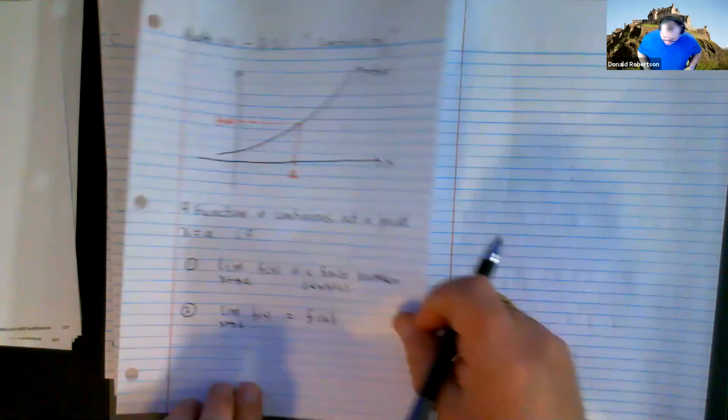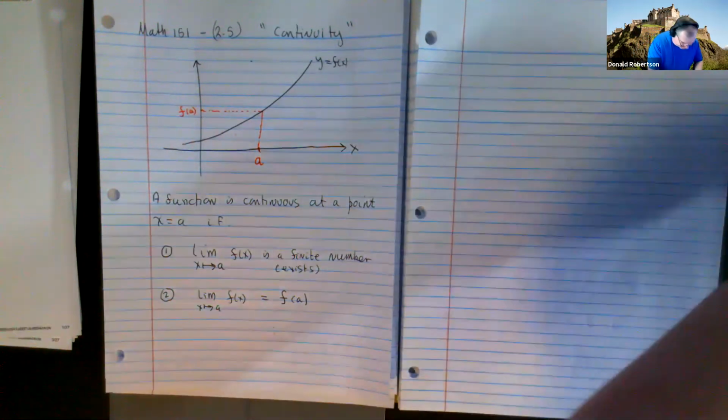Technically, it has to exist. So the overall limit has to exist and it has to be a finite number. That means it's not allowed to be infinity. It has to be 4 or minus 42. It has to be a number and the overall limit has to exist. And the second hurdle is that this overall limit as x tends to a of this function has to be equal to the value of the function. And if that is true, you are continuous at x equals a.